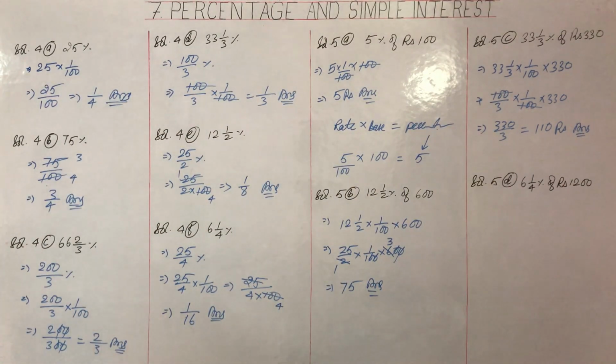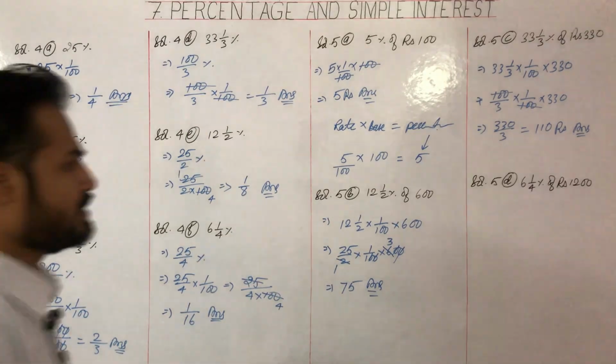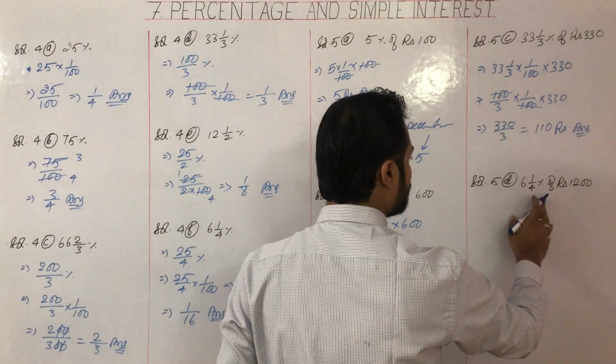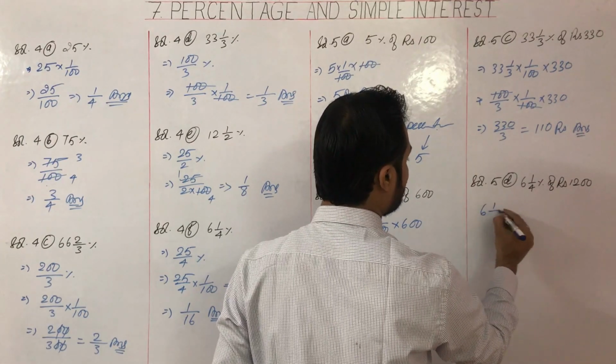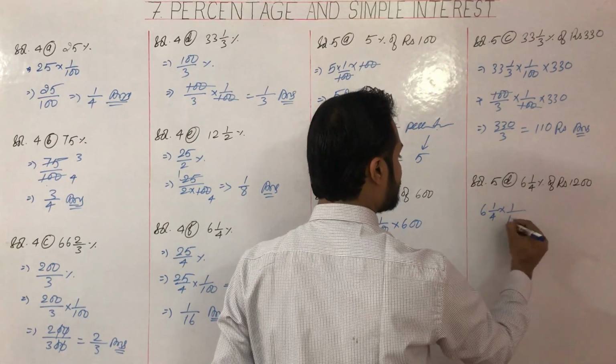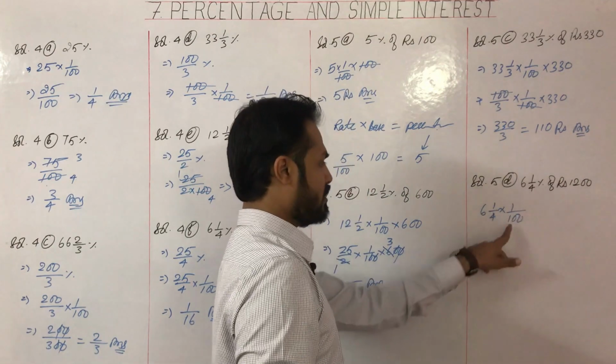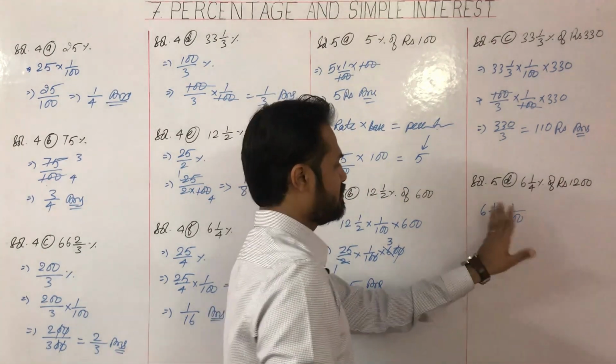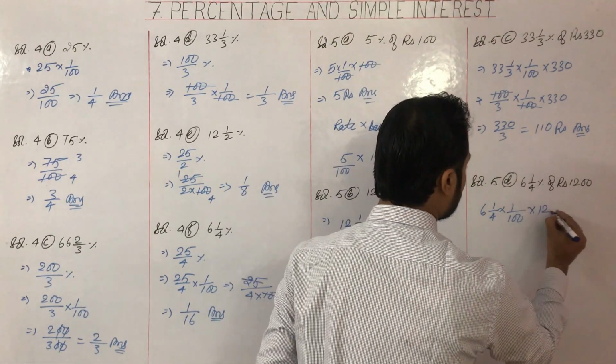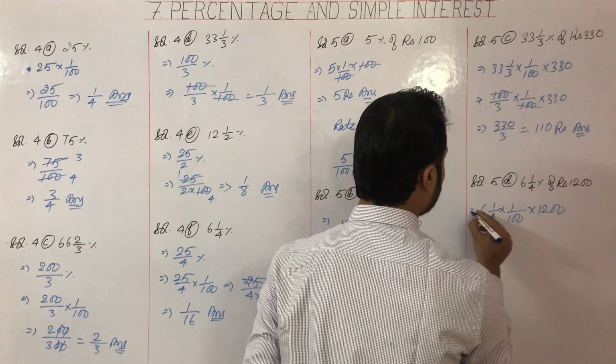Then we have 6 1 by 4% of rupees 1200. So write 6 1 by 4, for the percent sign again write 1 by 100, or divide this number by 100. Both are the same. Into the base 1200.